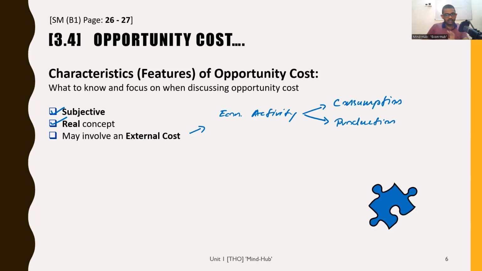Here, we are looking at these two things, consumption, production, right? Exchange is to connect these two, production and consumption. To connect them only, we need exchange, right? So the person engaging in an economic activity is known as the instigator. We call this person the instigator. Who is the instigator? A person engaging in an economic activity.